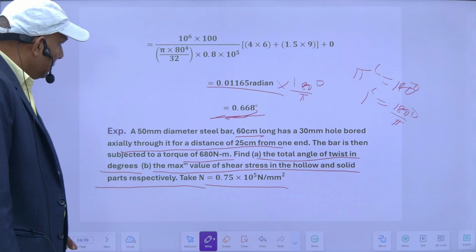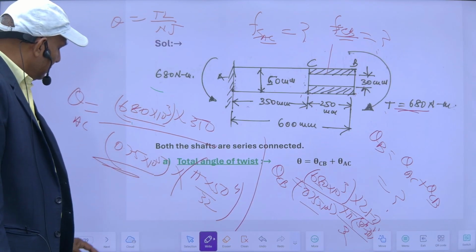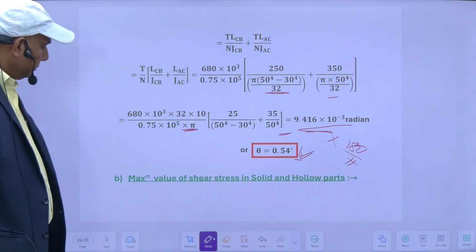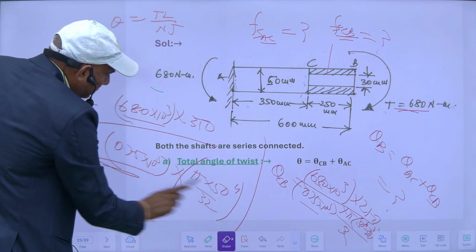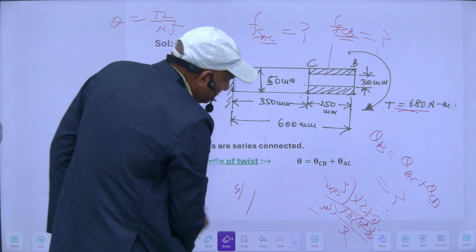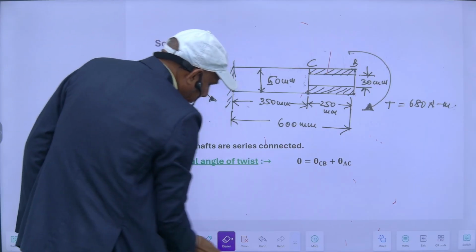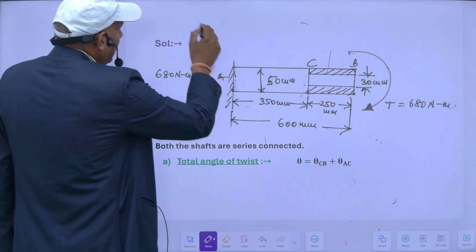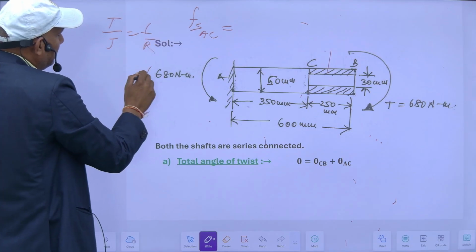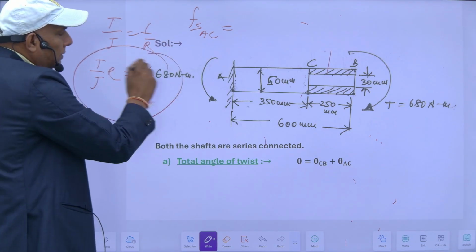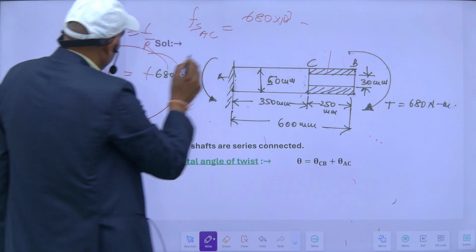Secondly, shear stress of AC portion and shear stress of CB portion I also want to know. For the AC portion, the formula is T upon J is equal to F upon R. So F is equal to T upon J into R. So F of AC is equal to T of AC, which is obviously the same, T into its radius.